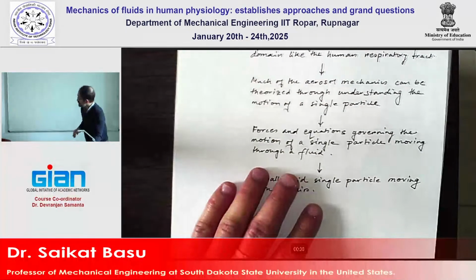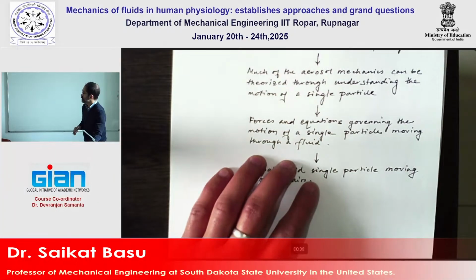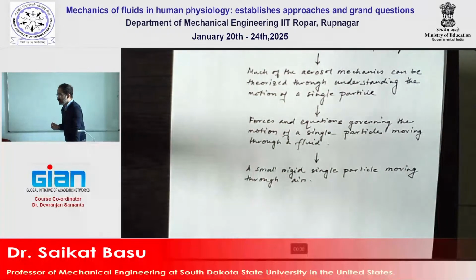Now, while developing the equations, the two main assumptions we are going to use are these. Number one, the particles are assumed to be spherical, which is a good assumption most of the time. If you look at recent literature, people are also looking at non-spherical particles. The good thing is that in terms of regional deposition trends, it does not make much difference whether they are non-spherical or spherical.